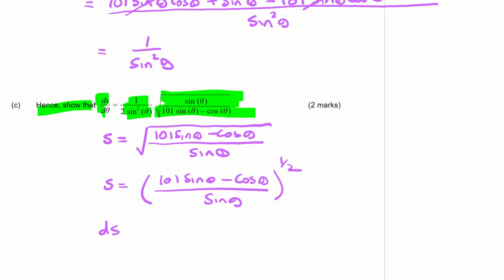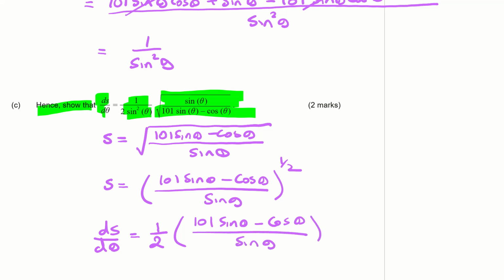And so ds d theta would be 1/2 times ((101 sine theta minus cos theta) over sine theta) to the negative a half. Then using the chain rule, we have to multiply by the differential of the inside function, which is what we got up here.